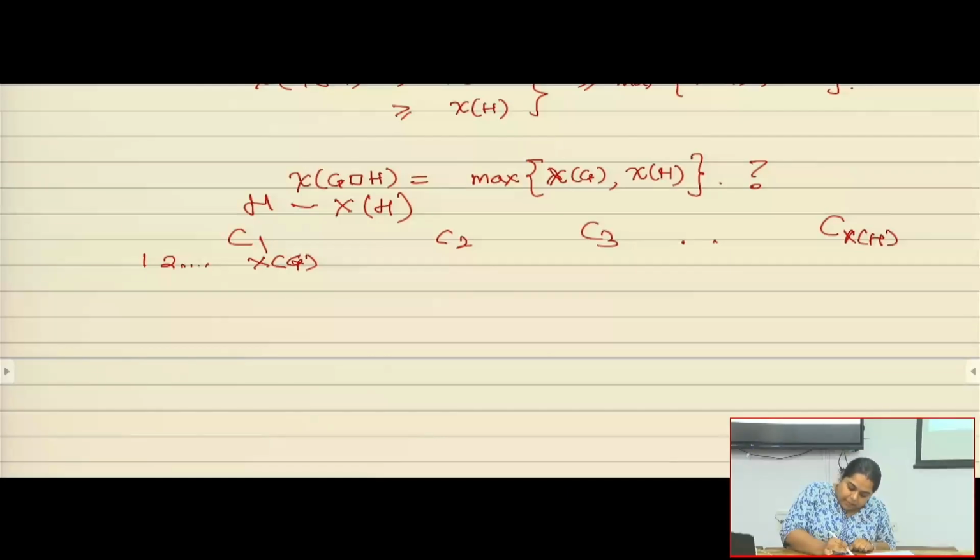So that is why the vertex which is given color 1 in the first copy of G, C1, will be given 2 here. Then 3 onwards, up to chi G, and then 1. I am just permuting. The vertex which was given 2 in C1 will now be given 3, and so on.